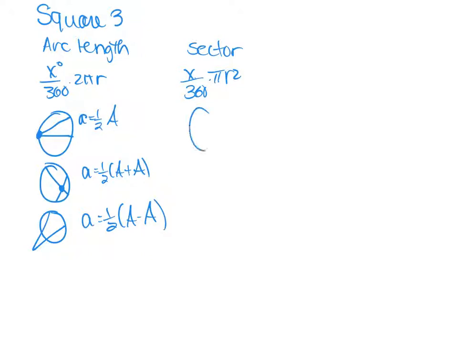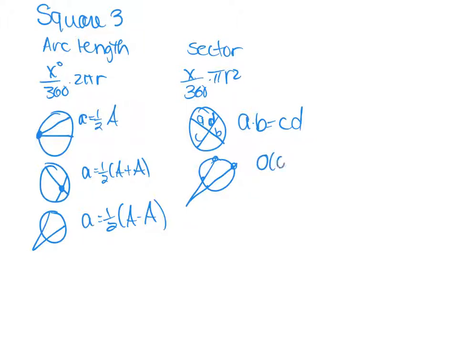If you have a circle and you have a segment and this is A, this is B, this is C, this is D, parts of the segment in a circle, then A times B is equal to C times D. If you have a circle and the segments extend outside of the circle, then your outside times outside plus inside is equal to outside times outside plus inside.